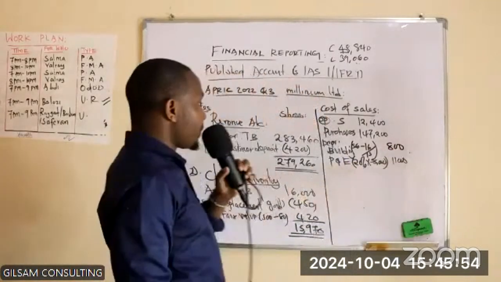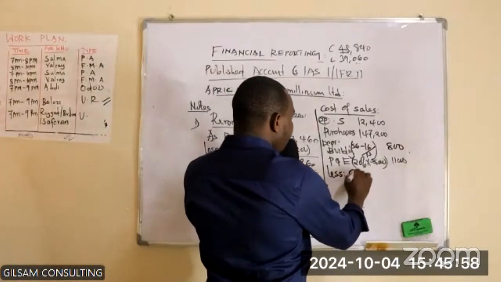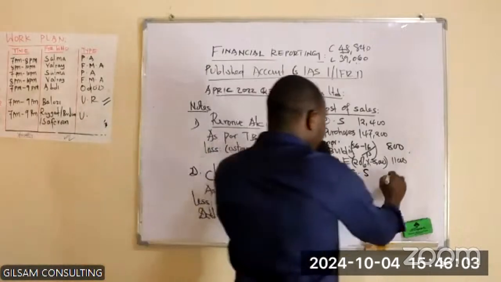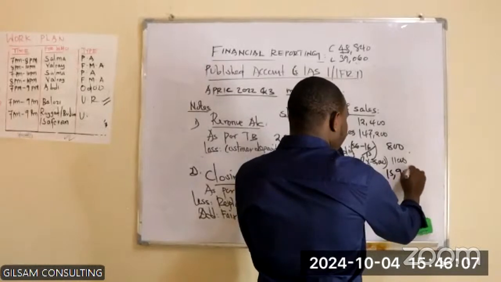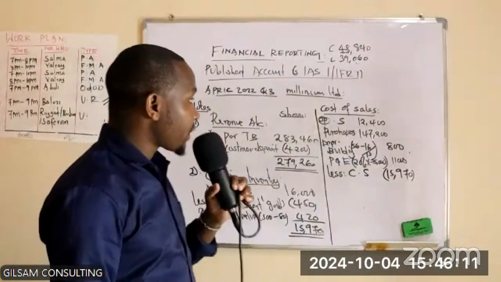Once you get a depreciation of 800, we less the value of closing stock, which is 5,970. So what is the value of the cost of sales?